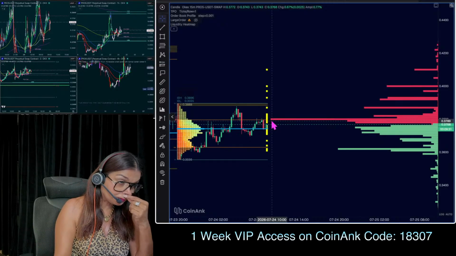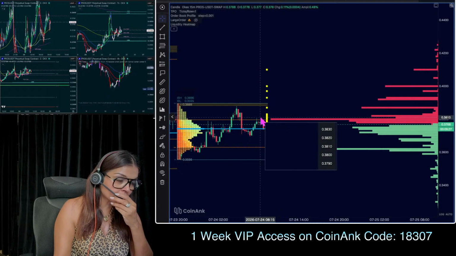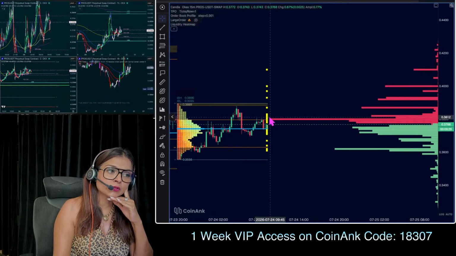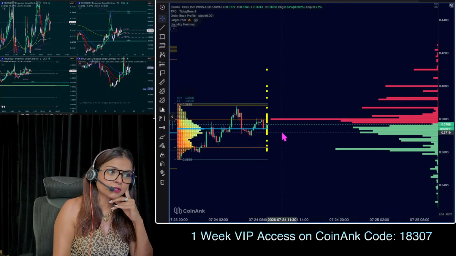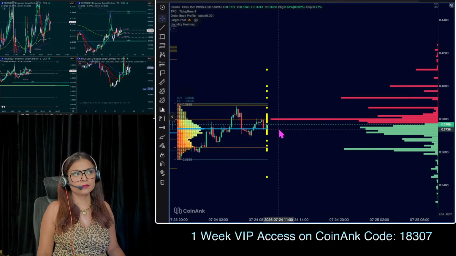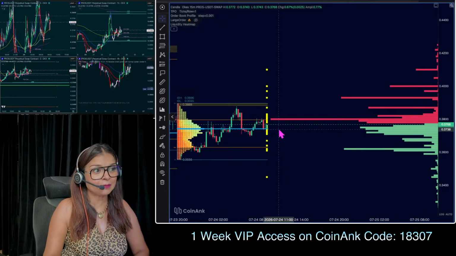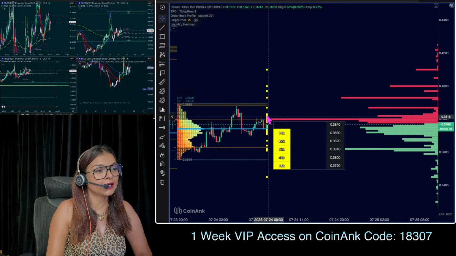They place large orders at these liquidity pools to minimize slippage, because the larger the order, the higher the slippage. So to prevent that, you use these high liquidity areas.